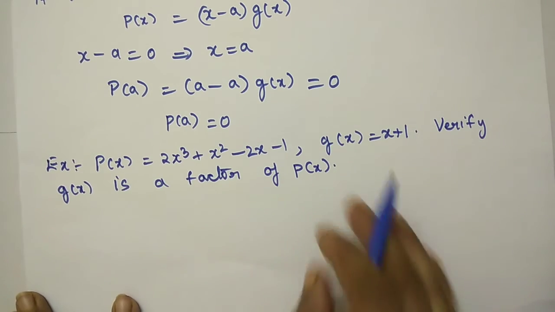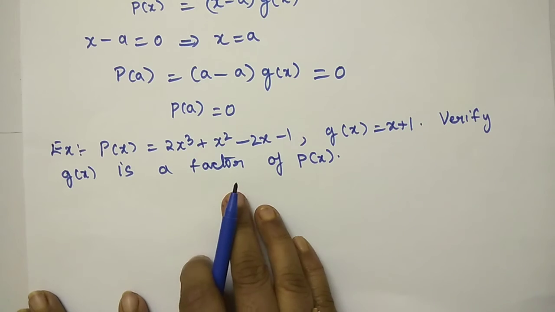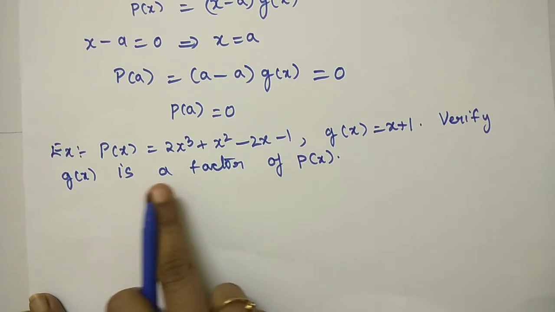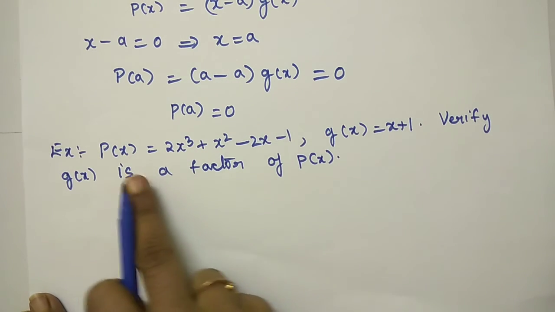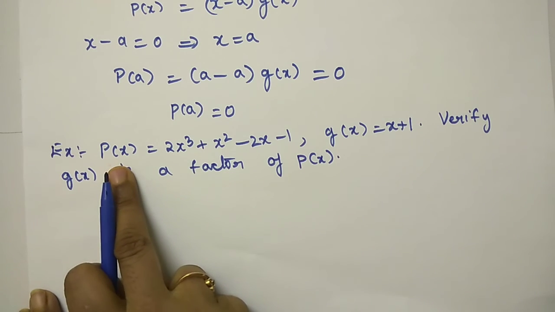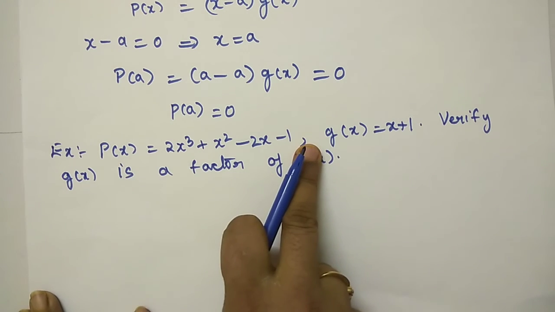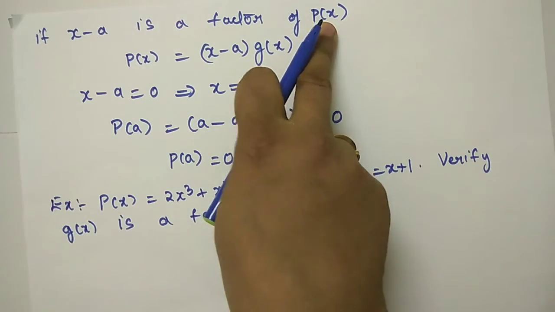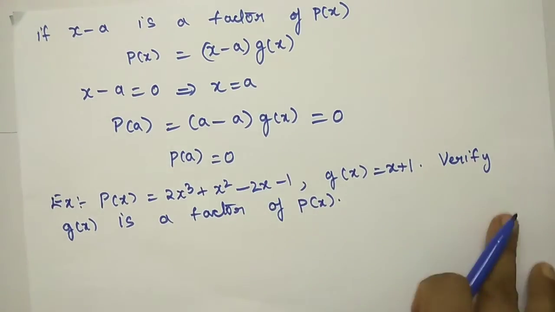If this is the problem given, we studied in the factor theorem that if this is a factor of P of x, then after substituting the value of x here, the value should be 0. That is, the factor theorem states that if x minus a is a factor of P of x, then P of a is equal to 0.